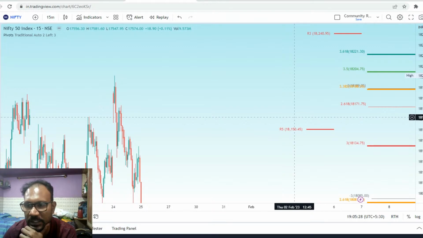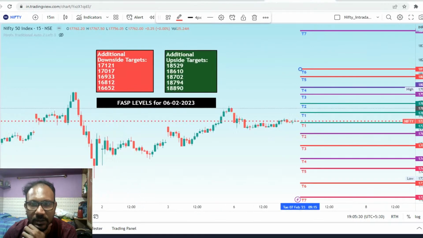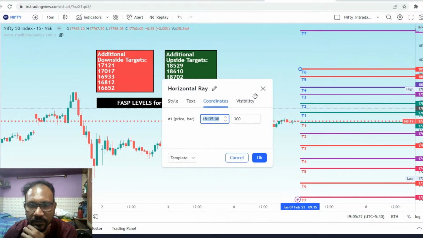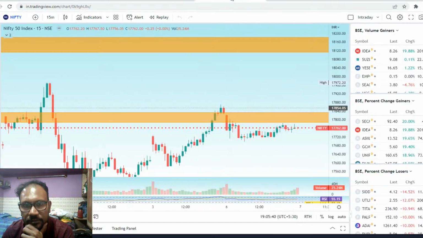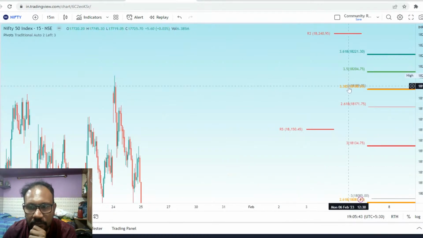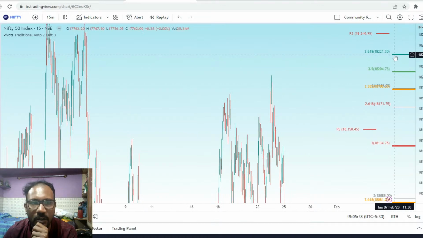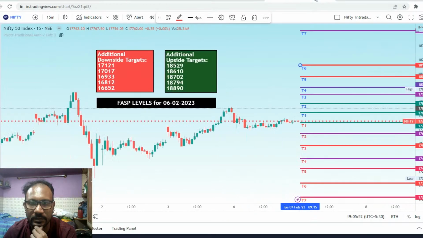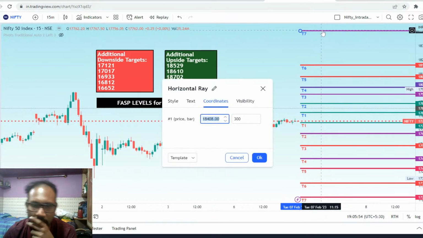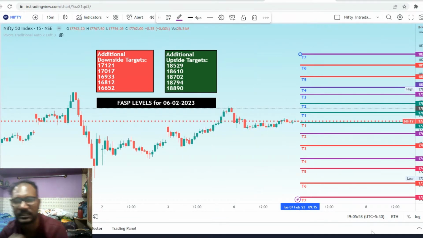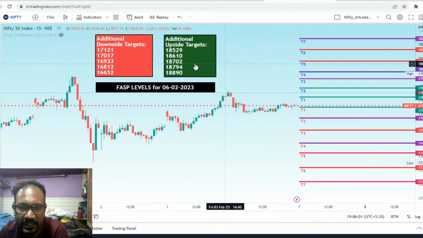No, I would like to do this 162 instead of 135. 162 looks good. Then you have, oh yeah, 241. 241 looks good. Right. So these are the levels, like these seven targets.